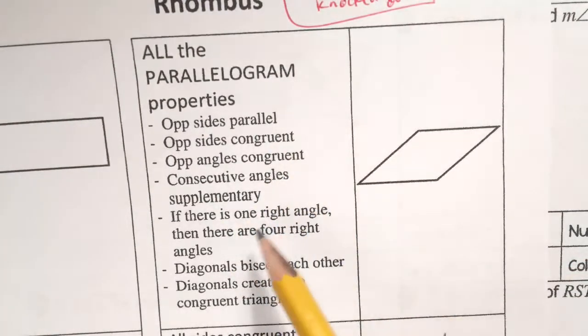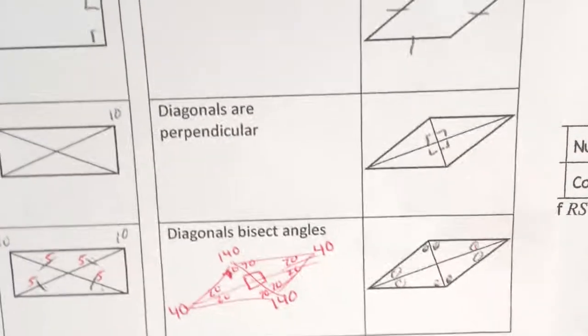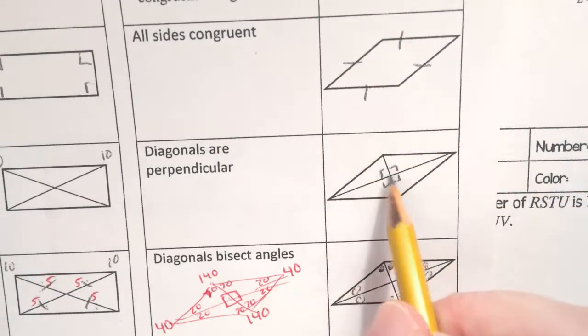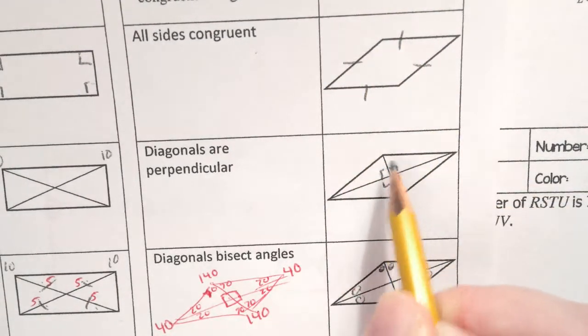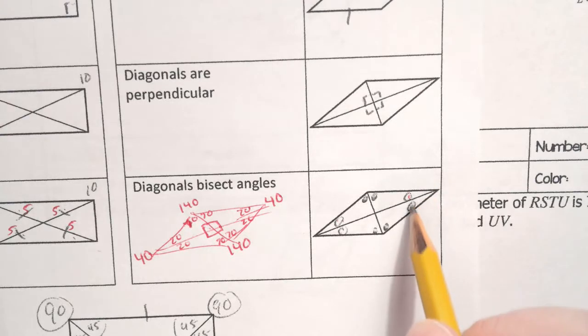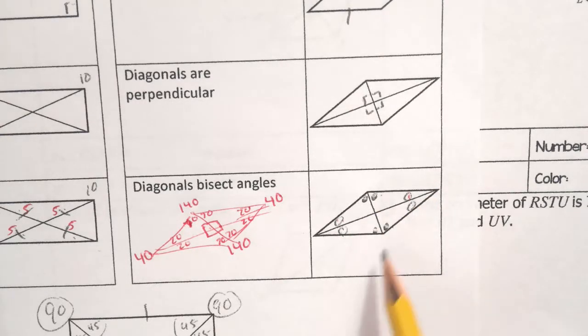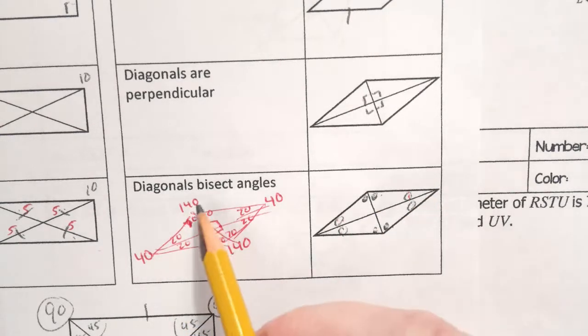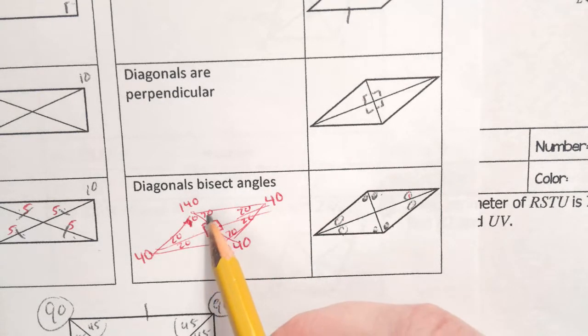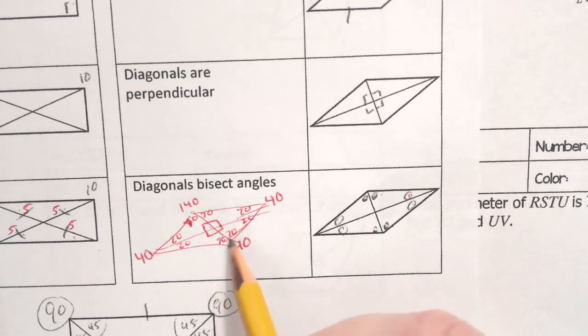So all the parallelogram rules are true. But in addition to that, we know all 4 sides are equal. The diagonals are perpendicular, so all these angles inside are 90 degrees. And on top of that, these 4 are equal because the diagonals bisect the angles. They're angle bisectors. So all these little angles are equal here. All these little angles are equal there.